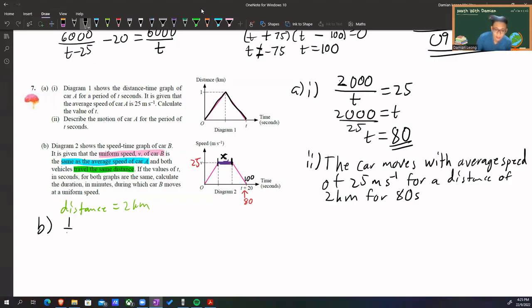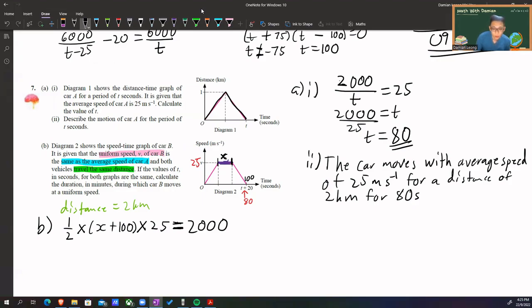So area under the graph, half times sum of parallel sides, x plus 100, times height 25, equals to the distance. This is in meters because meter per second times second, so 2000 meters. Okay.